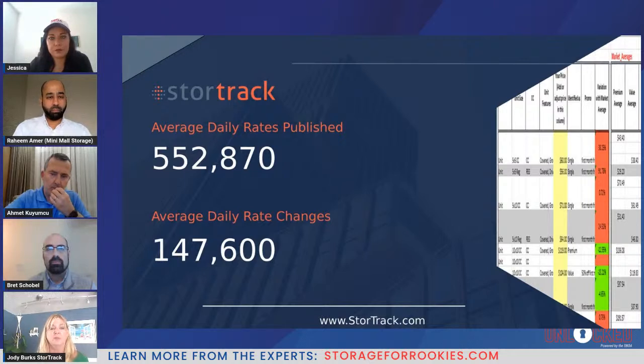And then we're seeing how many daily rate changes there are. To optimize your price or grow your revenues and take advantage of those different value prices, we're seeing about 150,000 daily rate changes. That means some operator is changing their price every day, some maybe once a week, some maybe once a month, but we're picking up close to 150,000 daily rate changes.